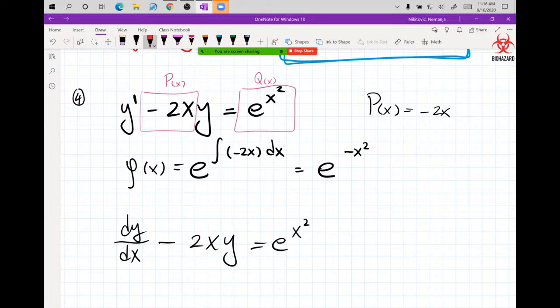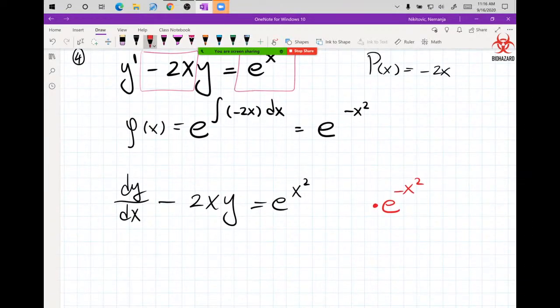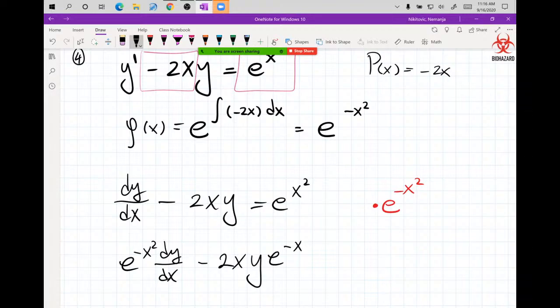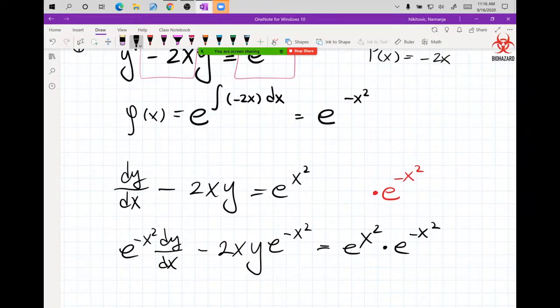And you are going to multiply the entire equation by e to the negative x squared. That's your rho. So now you will have e to the negative x squared dy dx minus 2xy e to the negative x squared equals e to the x squared times e to the negative x squared.